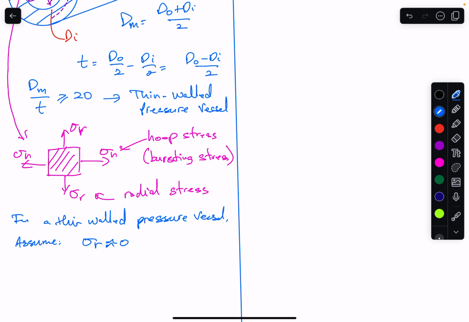That's because the material is so thin, and because we have a free surface, the sigma r at that surface is equal to 0. So the variance of stress across that very small slice of material is next to nothing, so we assume it to be 0.